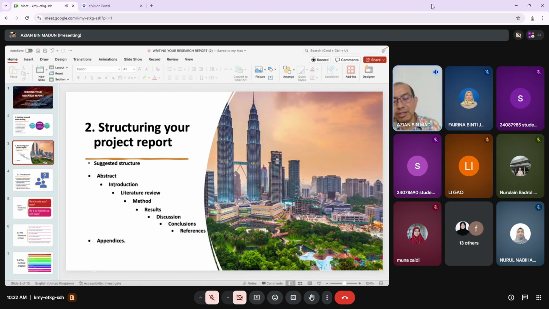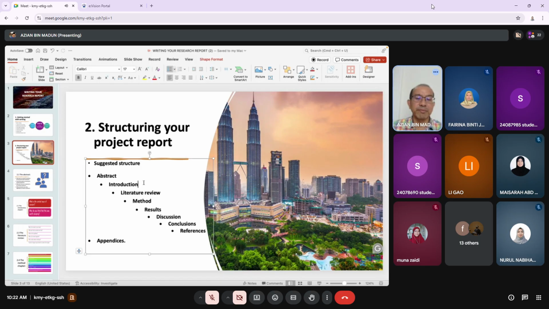Introduction maybe 5 to 10%. Literature review maybe 15 to 20. Maybe I should write it down. Maybe better to write that way. My suggestion is between 5 to 10%. You can play around with this number, and then literature review around 15 to 20.